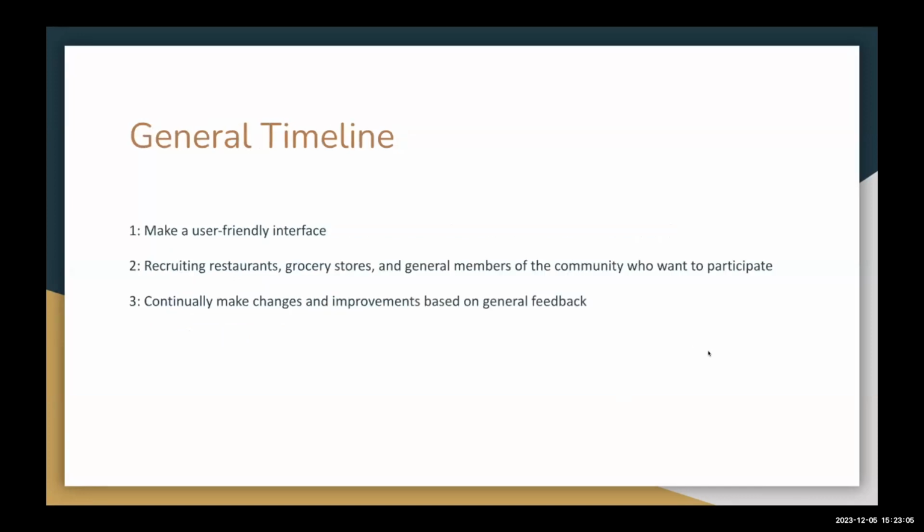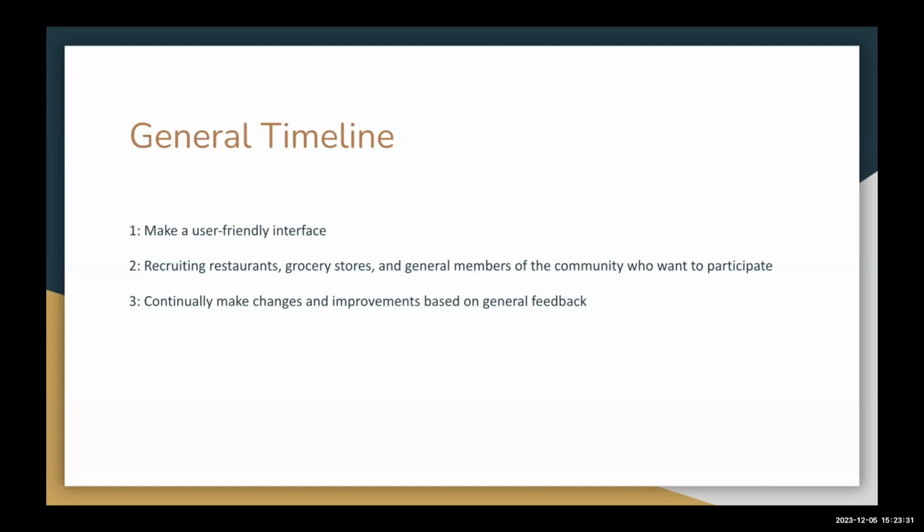And then this is a very general timeline for the project. I would want to first make the platform itself and hypothetically what it would look like. And then from there, you would go to recruiting people who want to participate, people who are interested in the app, and grocery stores and restaurants that would be interested in participating.